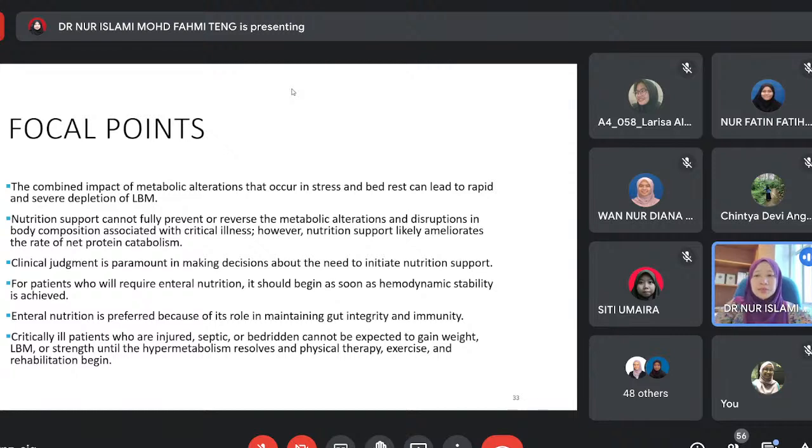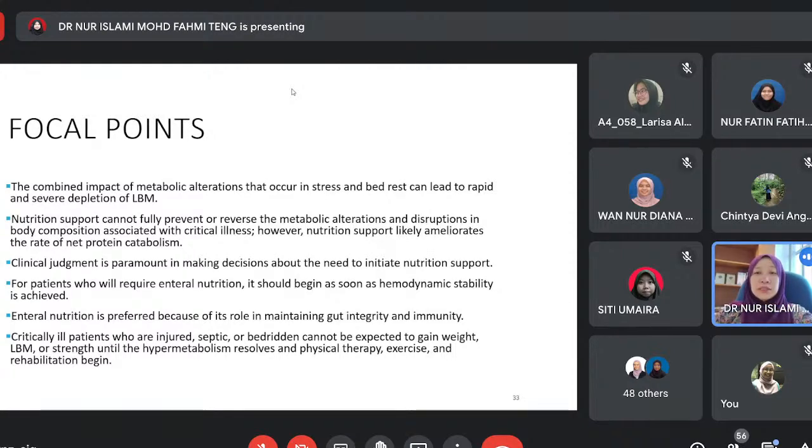Here comes towards the end. The critical point is that the combined impact of metabolic alteration that occurs in stress and bed rest can lead to rapid and severe depletion of body mass. Nutrition support cannot fully prevent or reverse the metabolic alteration and disruption in body composition associated with critical illness.